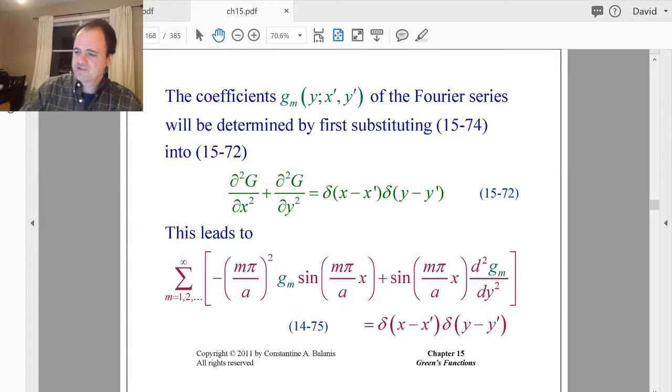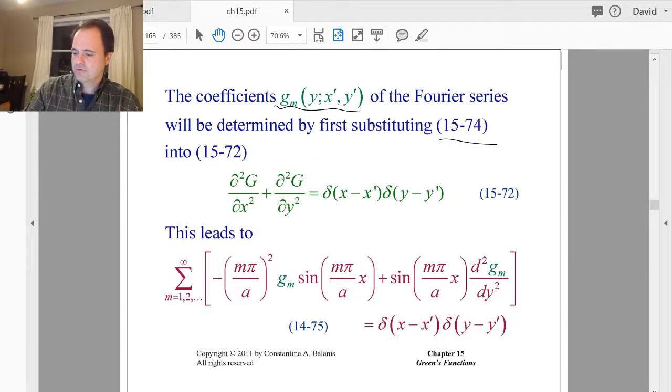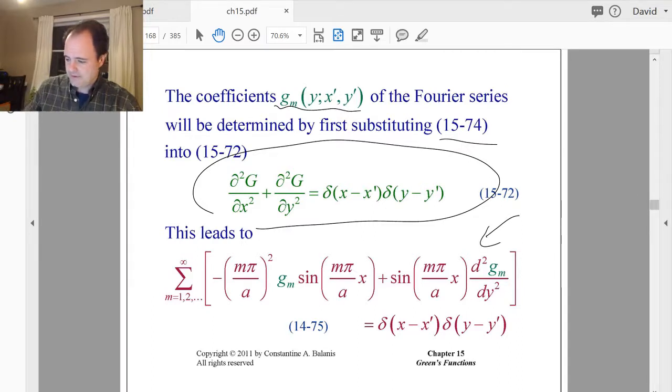So these g_m of the Fourier series will be determined by first substituting 1574, this right here, into the equation for g. And so we put that in for g, and then this is what we get right here initially.